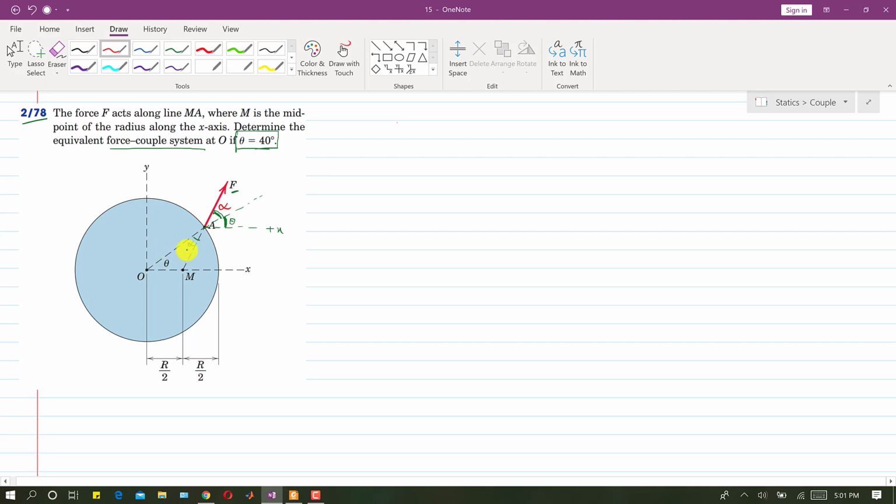Now as we can see, this OA length is R, and this is R by 2. So we need to find this alpha. First I will find this AM length.